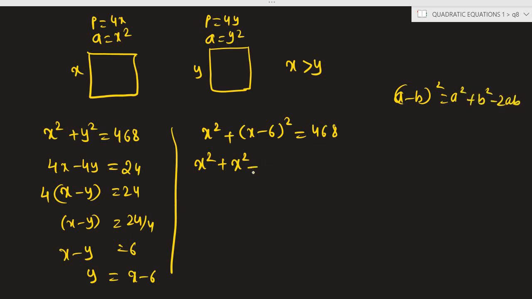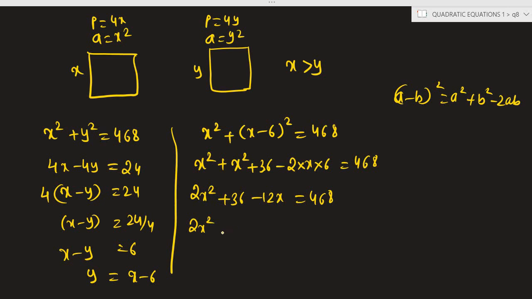This is x square plus x square plus 36, that is 6 square, minus 2 into x into 6 is equal to 468. This is 2x square plus 36 minus 12x is equal to 468, so 2x square minus 12x plus 36 minus 468 is equal to 0.